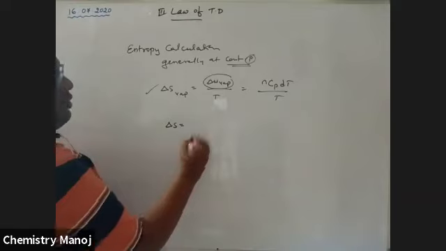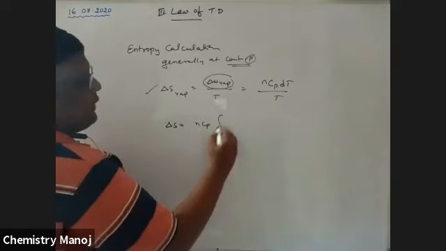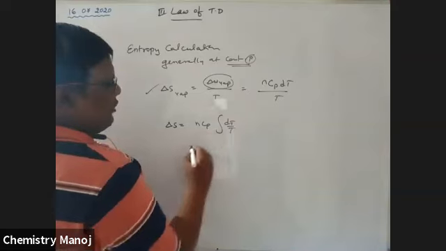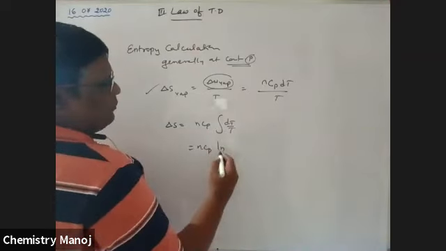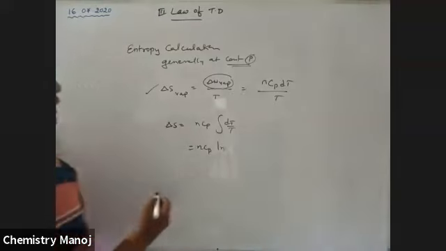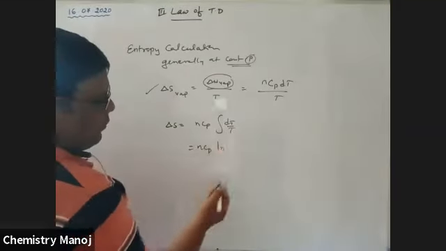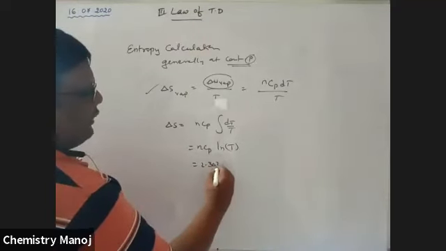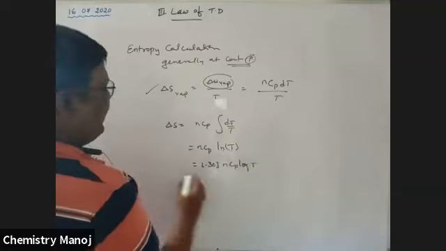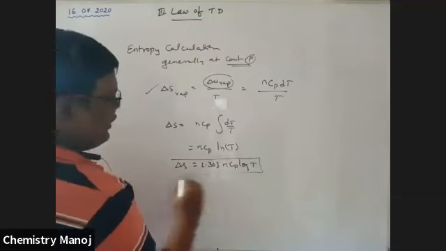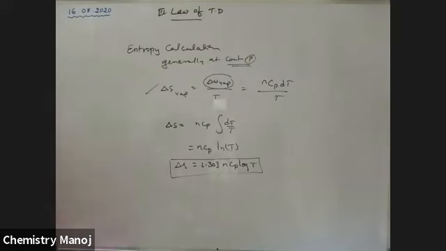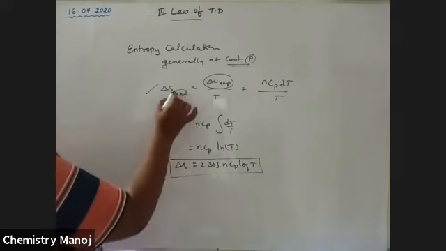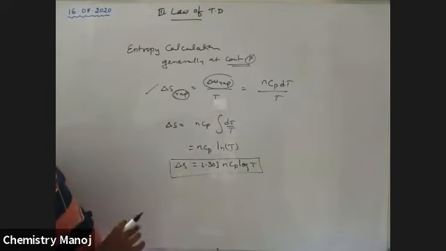Therefore delta S is equal to n Cp integral dT by T, which is equal to n Cp ln T, that is 2.303 n Cp log T. It is the formula used to calculate change in entropy, here the change in entropy of vaporization.